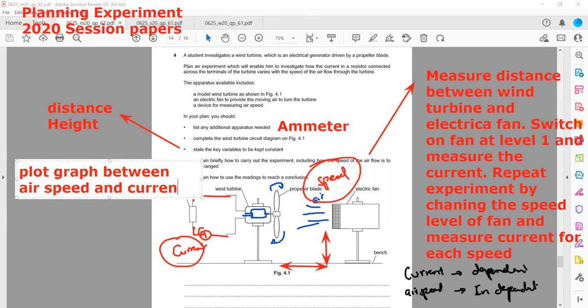But when you mention plot a graph between the quantities, you should mention which axis each is plotted on. Normally in physics, on the x-axis we have the independent variable and on the y-axis we have the dependent variable. So air speed is independent, that's why it should be on the x-axis.